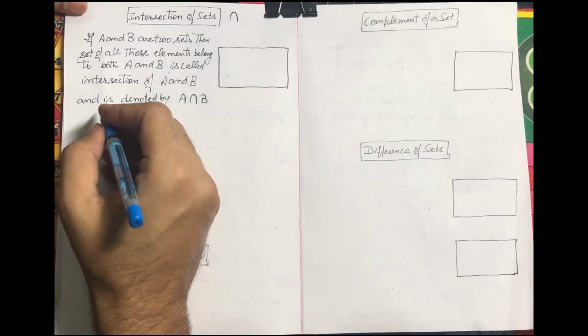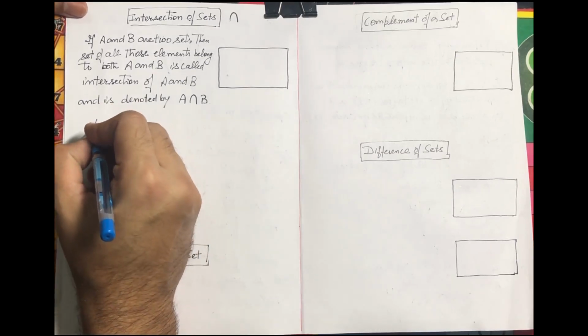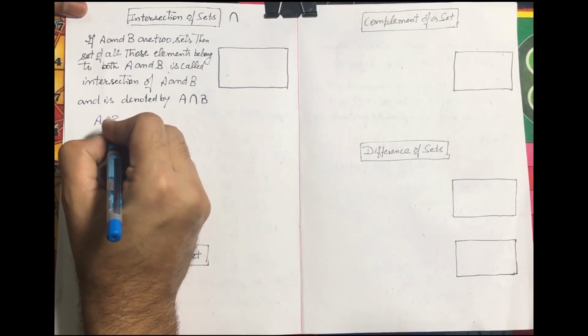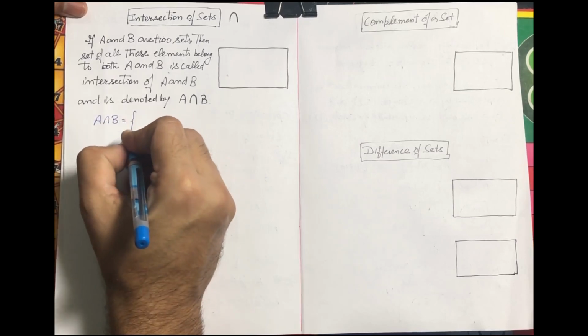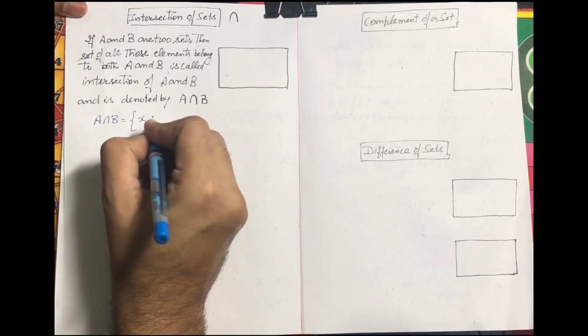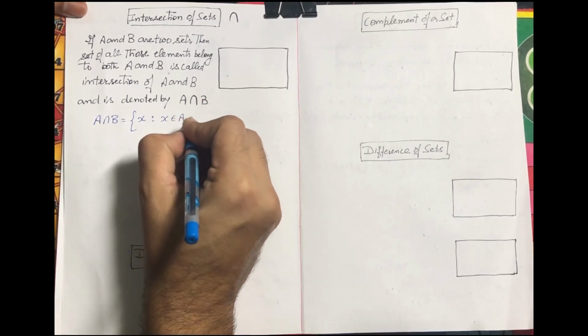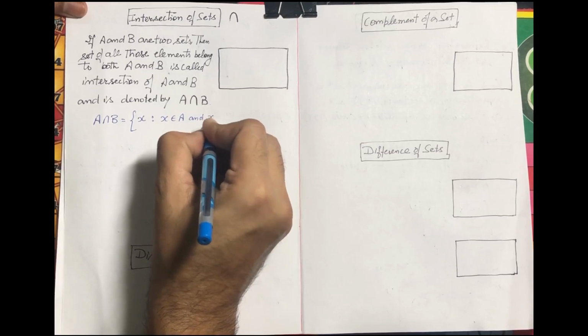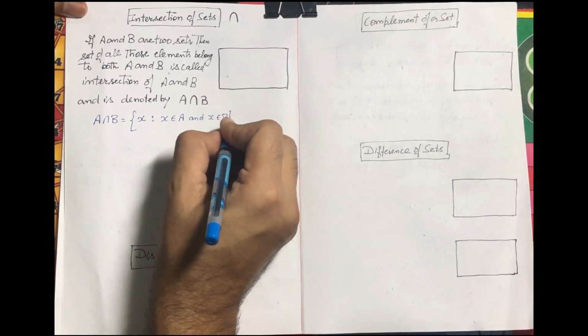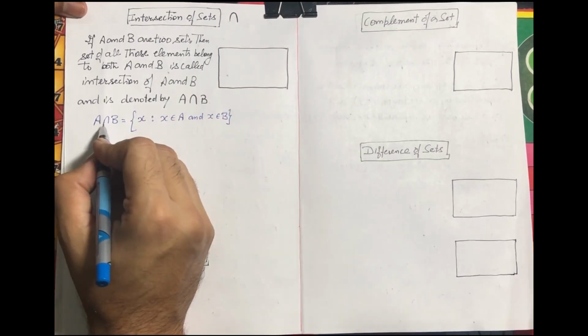So thus in set builder form, A intersection B equals X is an element of intersection. You see, X belongs to A and X belongs to B, then it belongs to intersection.